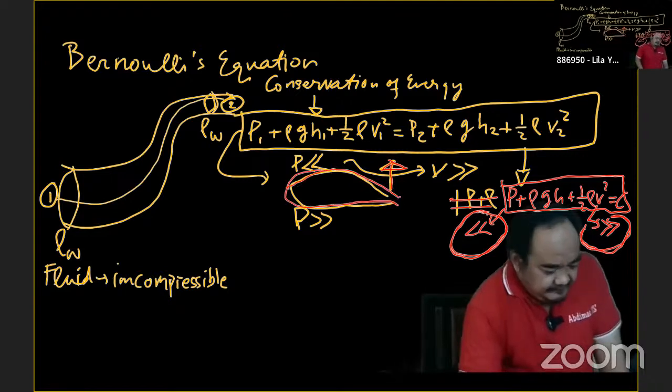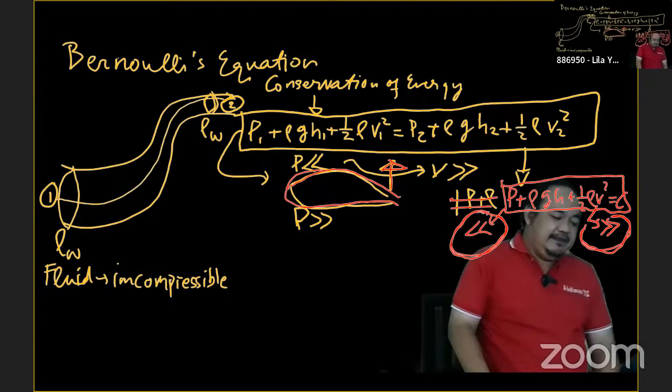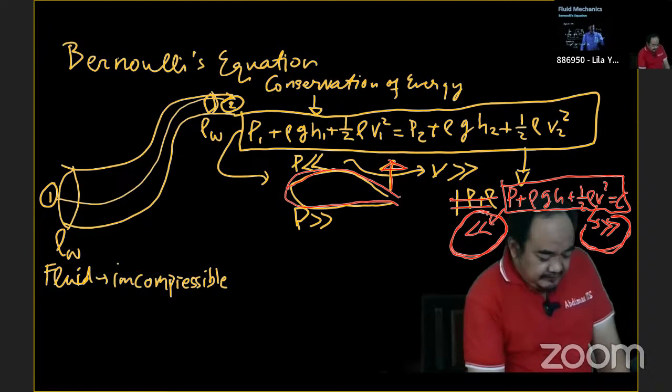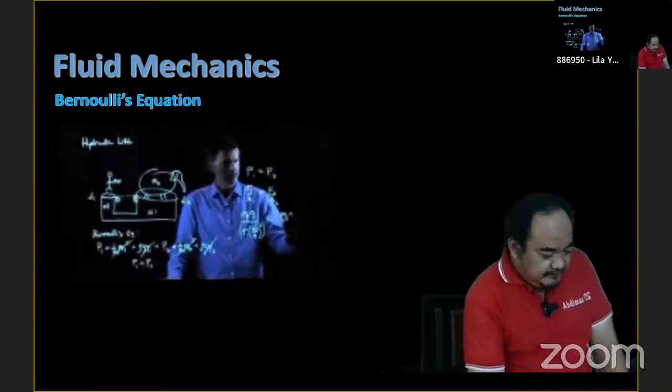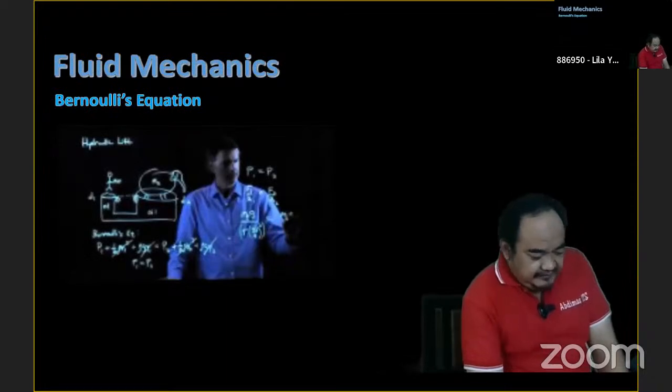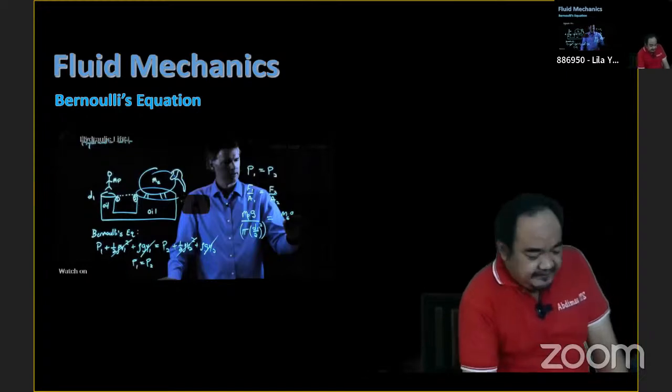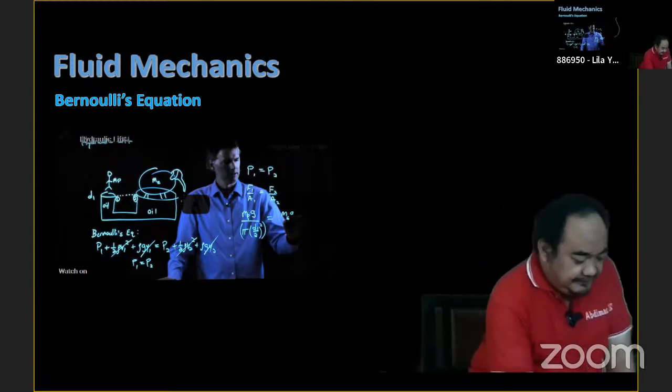Okay, this is the Bernoulli equation. Now, the other application of Bernoulli's equation is the hydraulic lift. You can learn from the video, and I will not rewrite the derivation again, but you will have this equation.